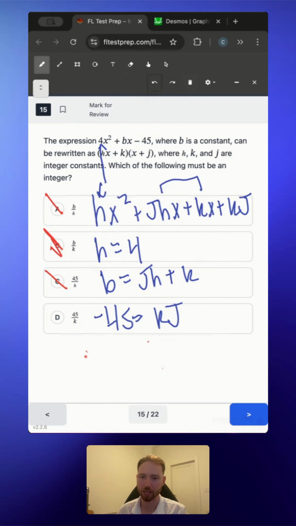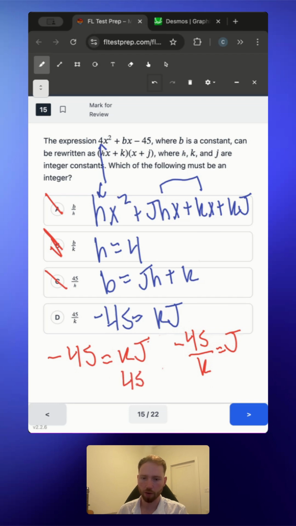All that's left is D. Can I get 45 over k to be an integer? Well, let's take a look. Negative 45 equals kj. Well, can I divide 45 by k? Yeah, I can. Negative 45 over k equals j. That works, but I got this negative. Well, can I move it over? Yeah, I can.